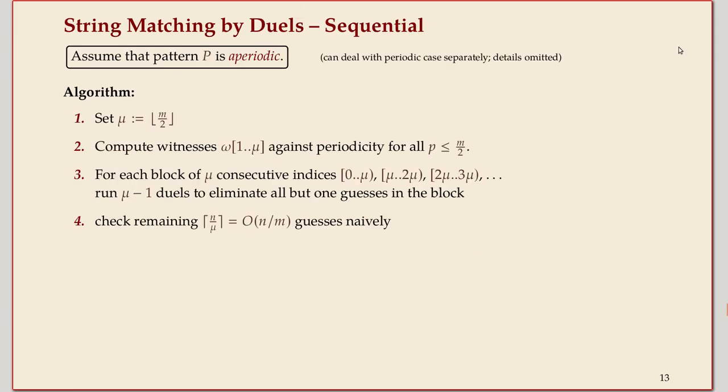We can turn this into a string matching algorithm as follows. And for all that follows, I assume that the pattern is aperiodic in the sense we defined it in the last section, which means the smallest period is at least p half. Okay, I should say smallest period.